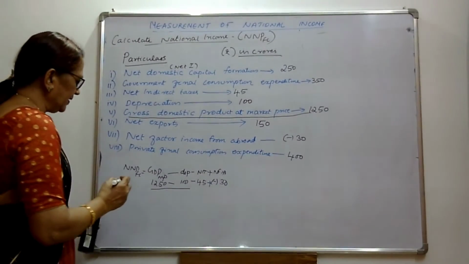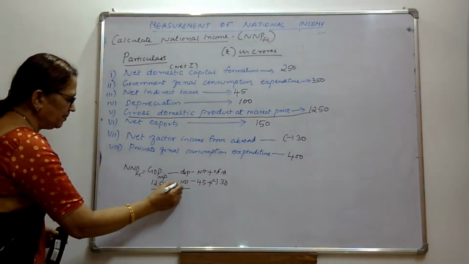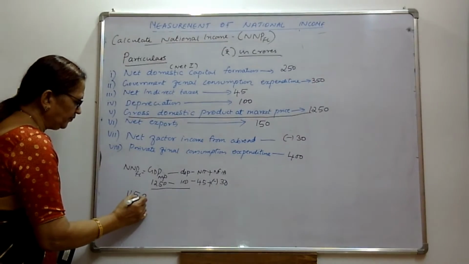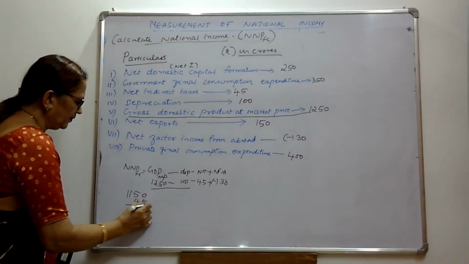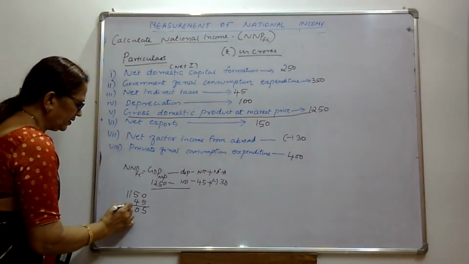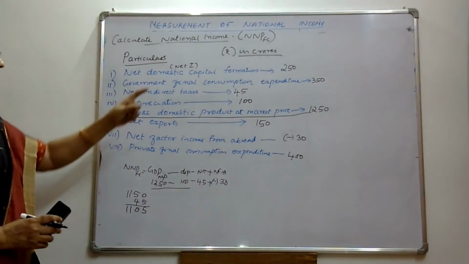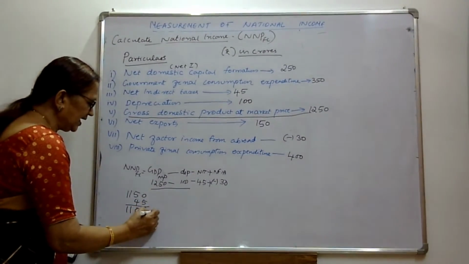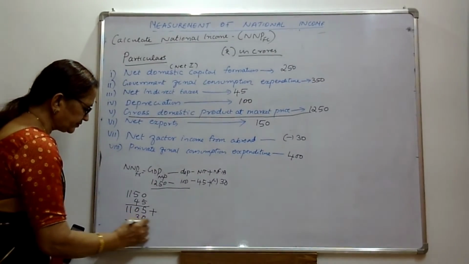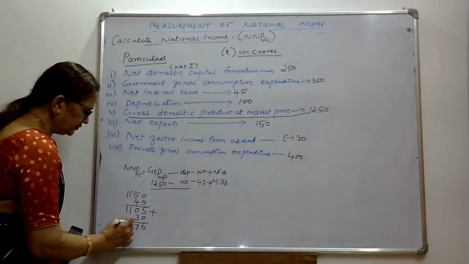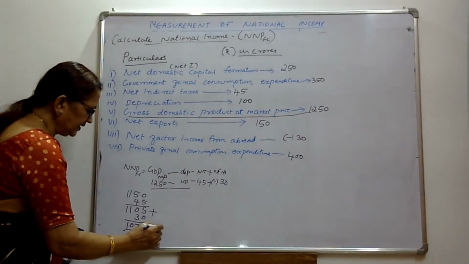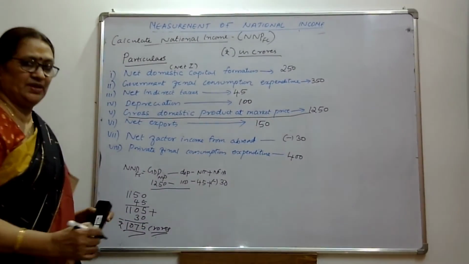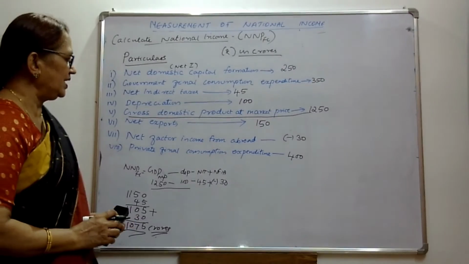So what is the answer here? 1250 minus 100, 1150. 1150 minus 45, 1105 crores, that is domestic income, plus NFIA minus 30, 1075 crores. 1075 crores is national income.